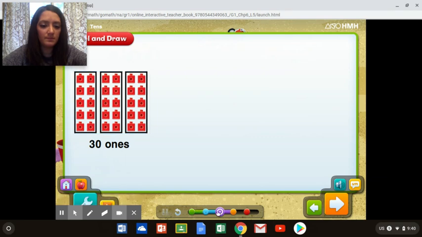Is there another way to show 3 groups of 10? Let's connect the cubes one by one to make tens. Click to see how.